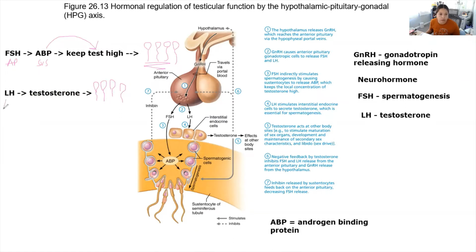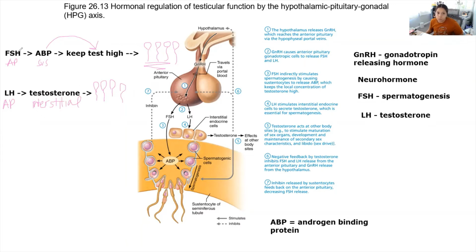So again, LH is going to get released by the anterior pituitary. Testosterone is going to be secreted by interstitial cells. Yeah, this was not smart using the pin for this part. Interstitial cells, which is going to lead to more sperm production.